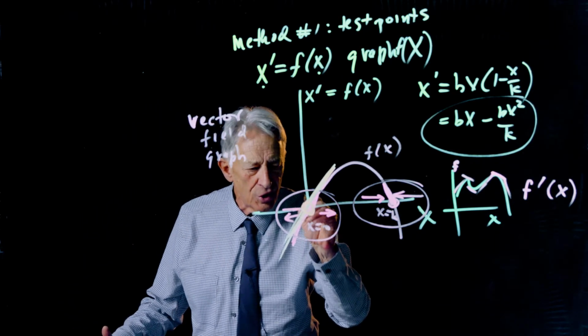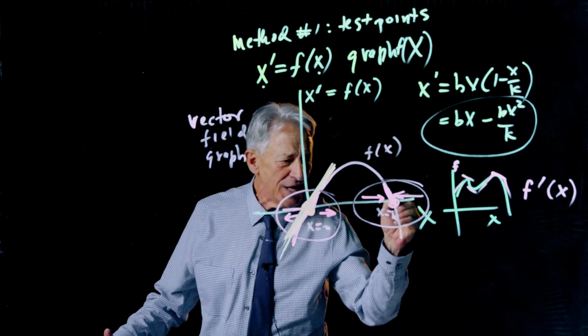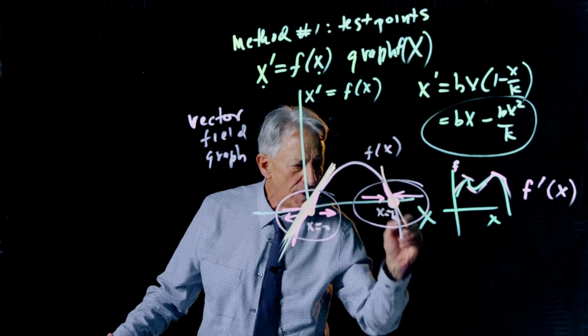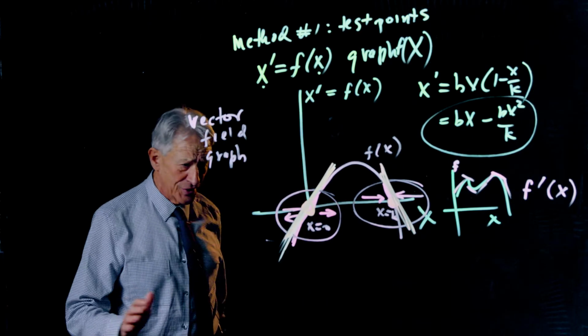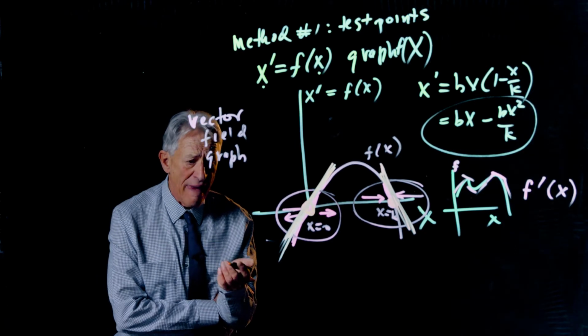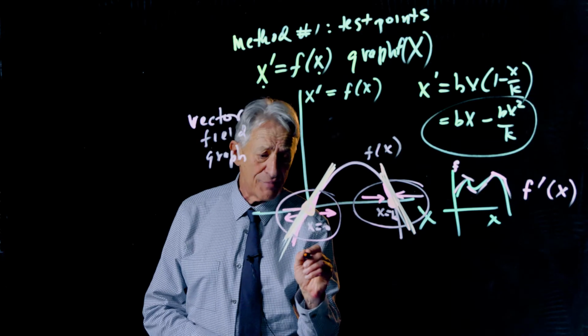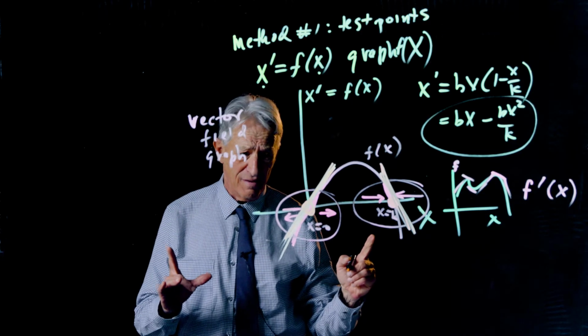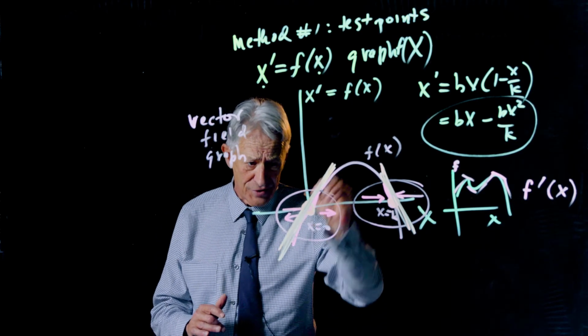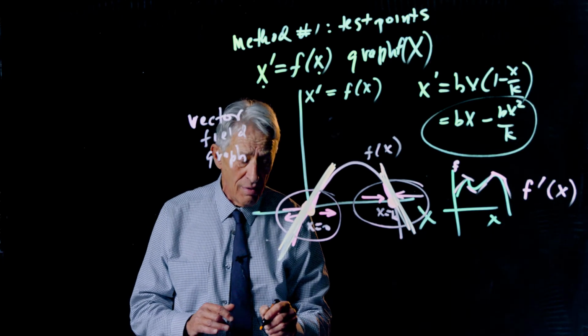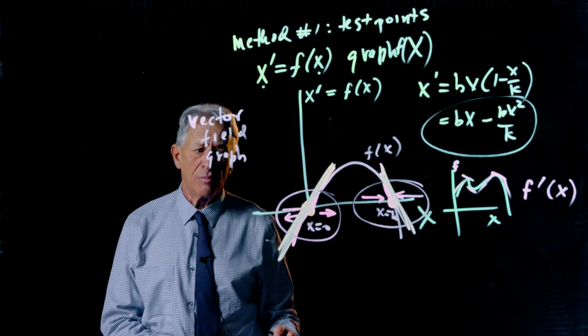We can just look at the slope of the tangent to the function here and the slope of the tangent to the function there. And if the slope of the tangent is positive, right here, positive slope, then the equilibrium is unstable.